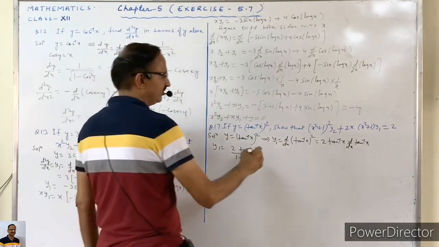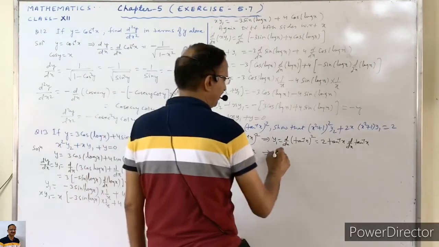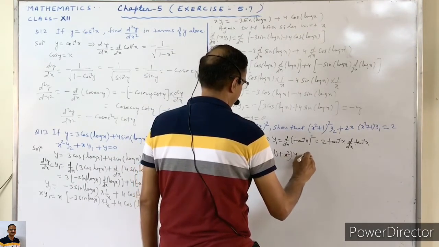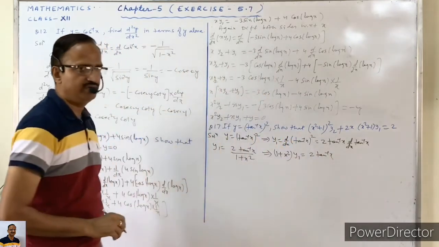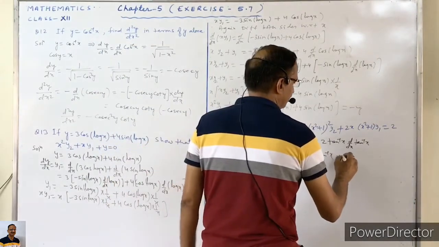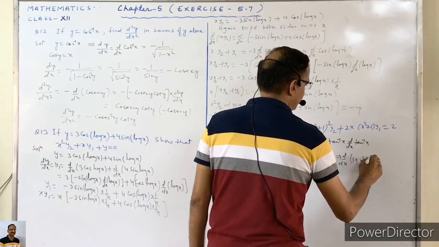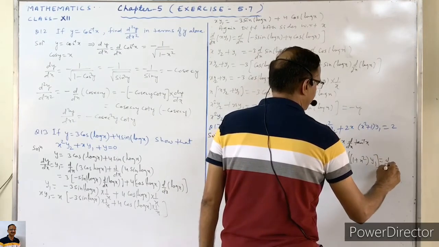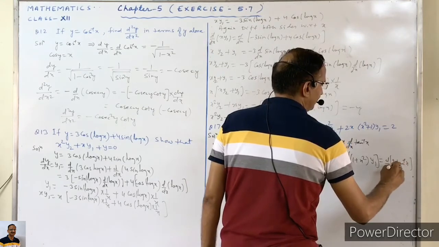When we cross multiply, or you can say multiplying both sides by 1 plus x square, then we will get (1 plus x square) y1 equals 2 tan inverse x. Now again differentiating both sides with respect to x. Then we have d/dx of (1 plus x square) y1 on the left hand side, and d/dx of 2 tan inverse x on the right hand side.